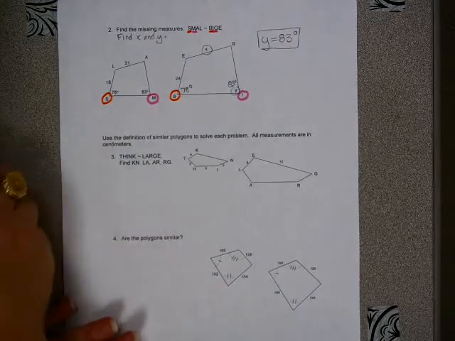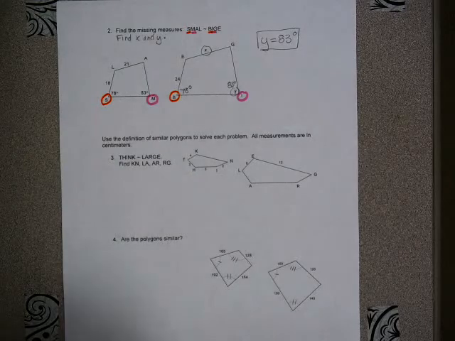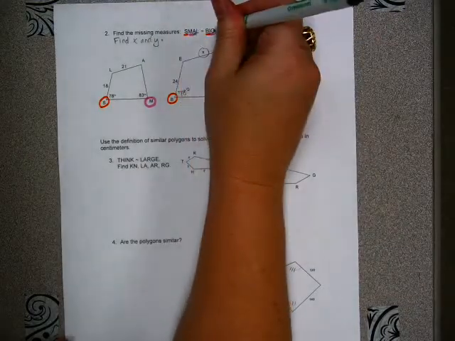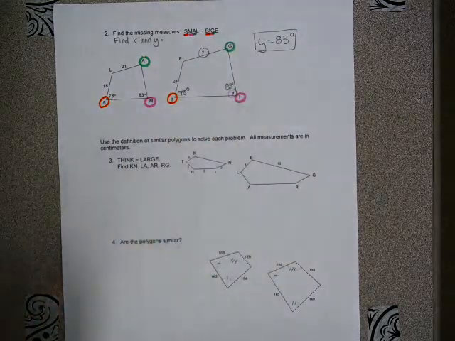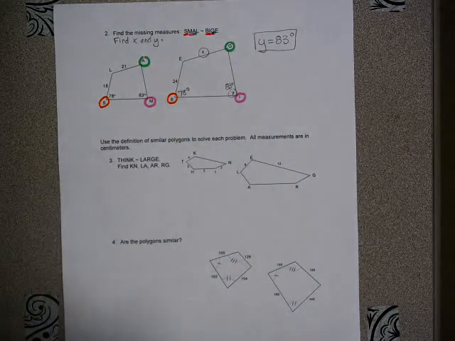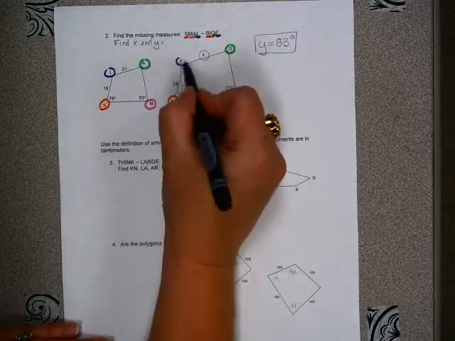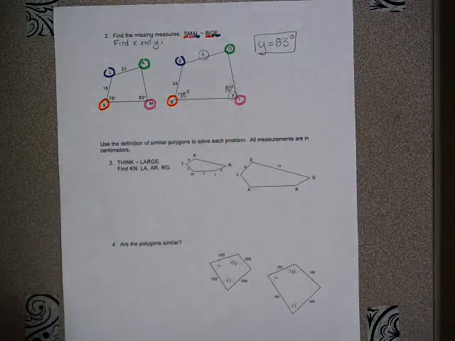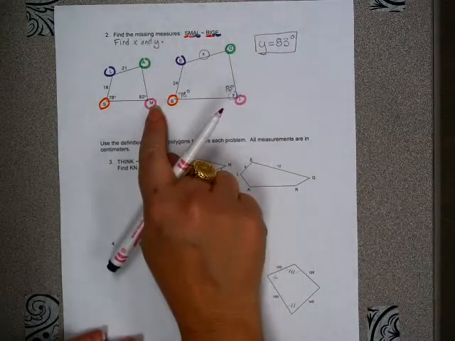Okay, now I'm going to match up the sides. Okay, again, A and G are matching, so there's A matching G, and L is going to match E, so L and E are matching. Okay, so now I'm just going to pick a color, and then pink.